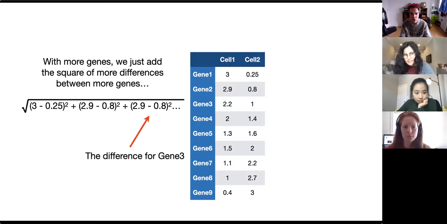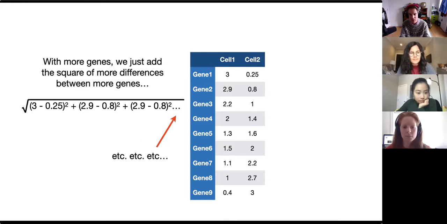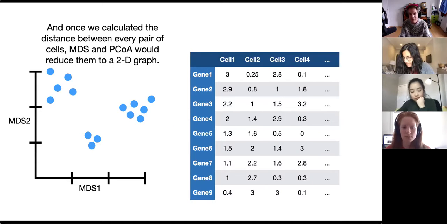It should be 2.2 minus 1. Anyways, et cetera, et cetera, et cetera. We just do that for each gene in our list of genes that we have. And ultimately, we calculate a distance. And once we've calculated the distance between every pair of cells, MDS and PCoA would reduce all those distances to a two-dimensional graph.